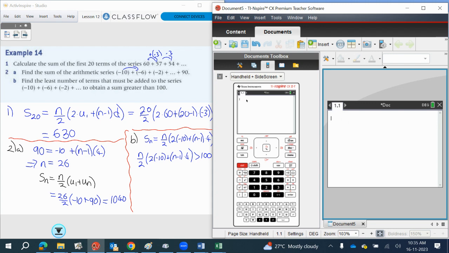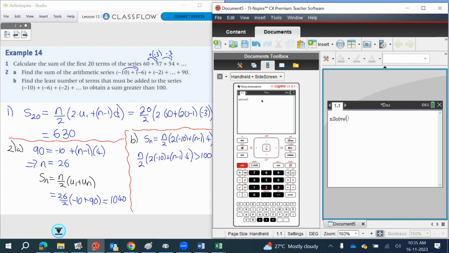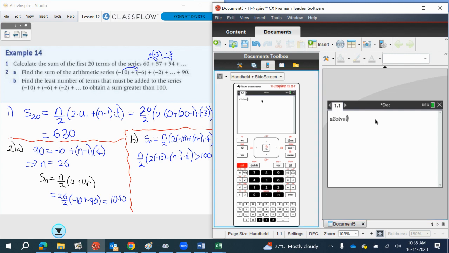Okay, menu, algebra, and solve. n over 2 times bracket 2 times bracket negative 10 close bracket plus bracket n minus 1 close bracket times 4.